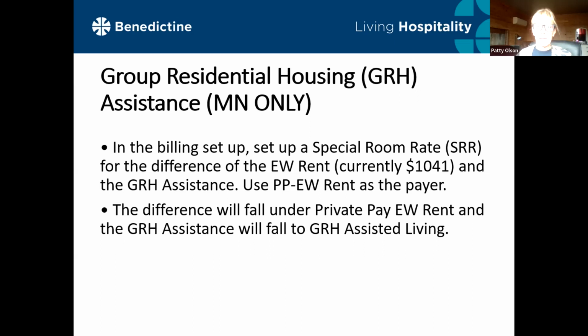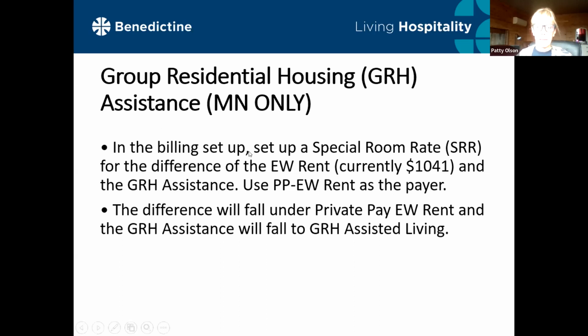In the billing setup, set up a special room rate for the difference of the EW rent, which is currently $1,041, and the GRH assistance. So if they're going to pay $100 towards the resident's rent, you're going to put in a GRH assistance of $100, and then you would enter a special room rate of $941 to get that difference.